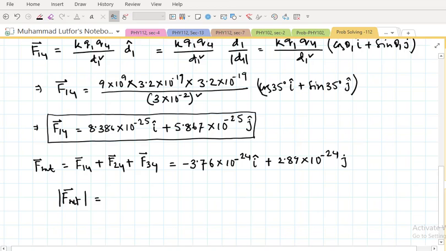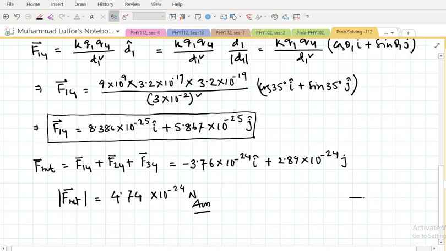I'll find that the magnitude of this force will be 4.74 into 10 to the minus 24 Newton. This is the magnitude answer. And the direction, what would that be?